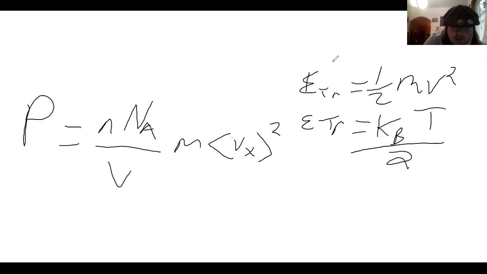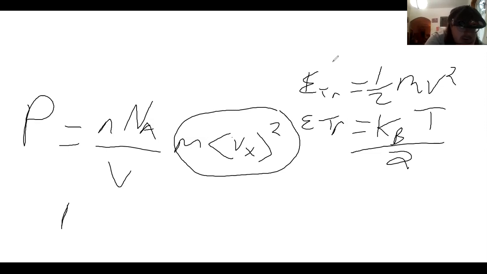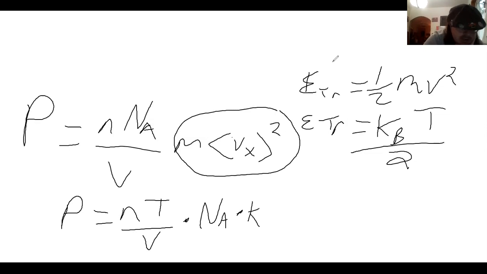So with that in mind, mvx squared can be exchanged for K sub B times T. So we have right here P equals N T over V times Avogadro's number times Boltzmann's constant.